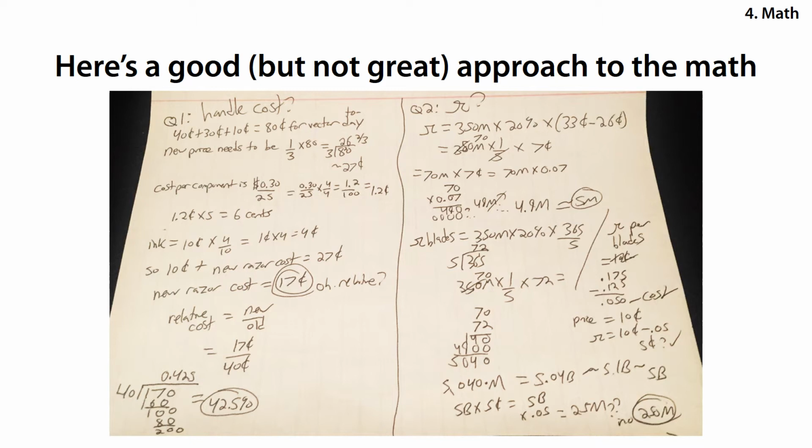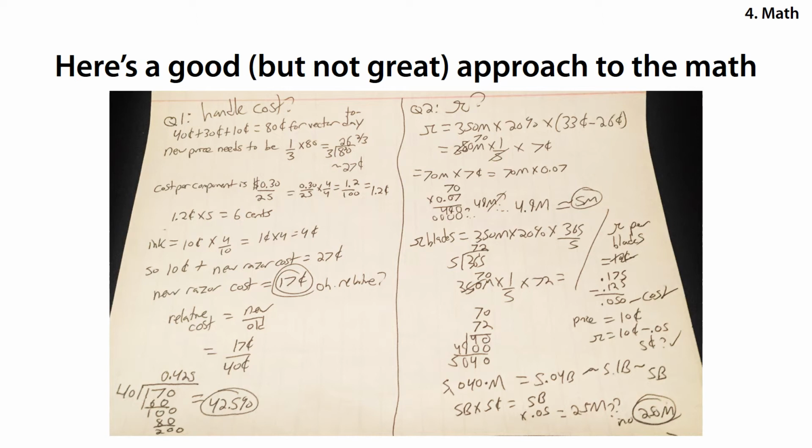So 70 million times 72 is about 5,000 million, so about 5 billion blades.